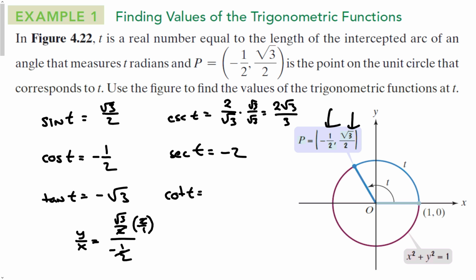And for cotangent, it's going to be 1 over negative radical 3, so negative 1 over radical 3. Multiply the top and the bottom, and we get negative radical 3 over 3. Okay, so those are the 6 trigonometric functions at this point. So whatever this angle happens to be, and I actually know what it's going to be, no, what is it going to be? Not 2 pi over 3.